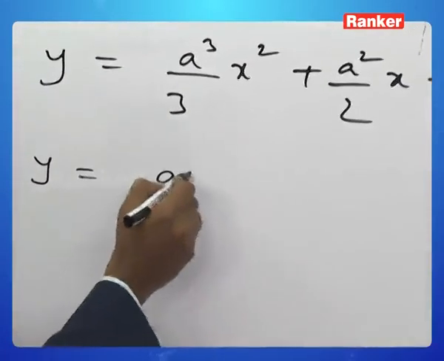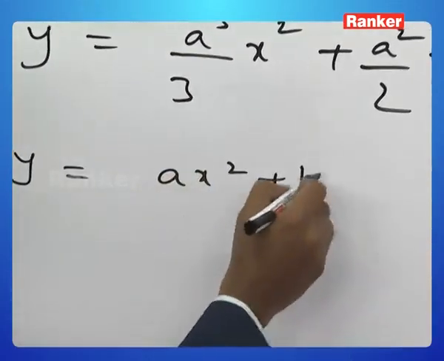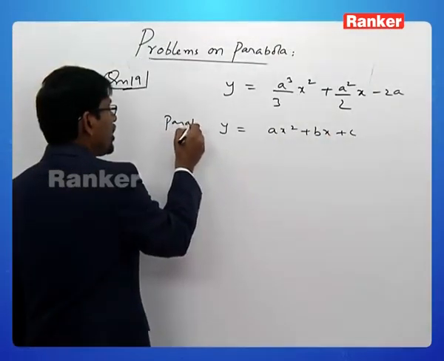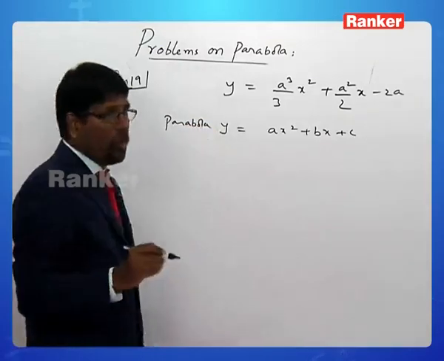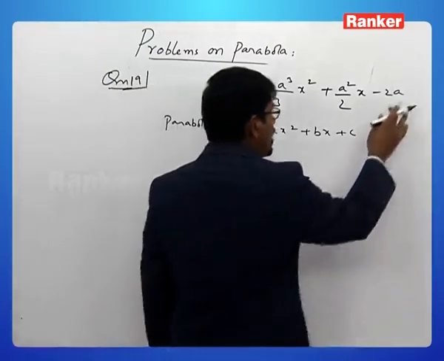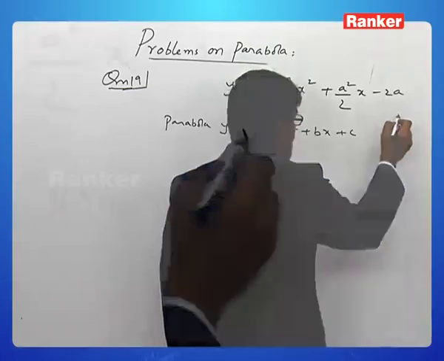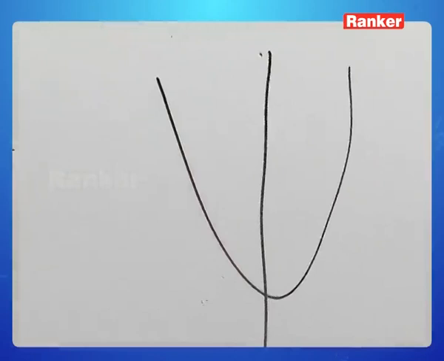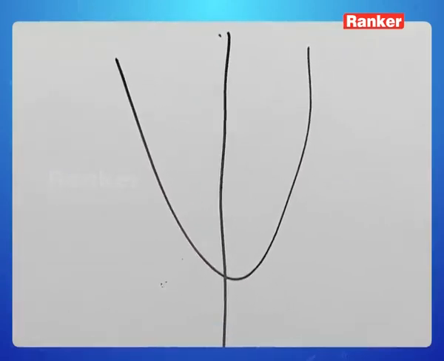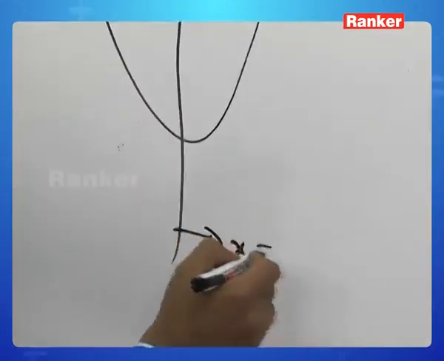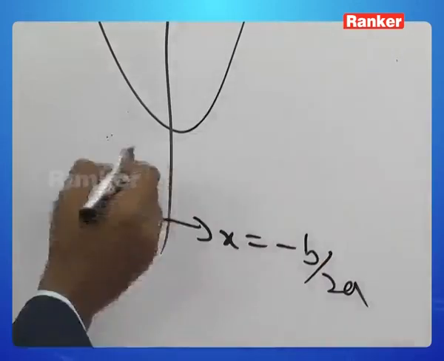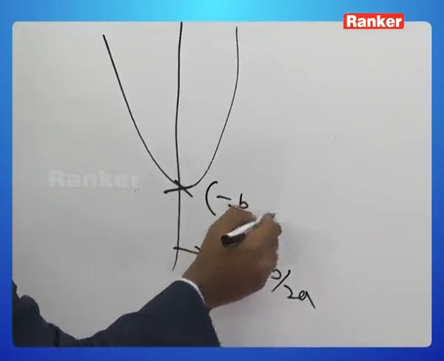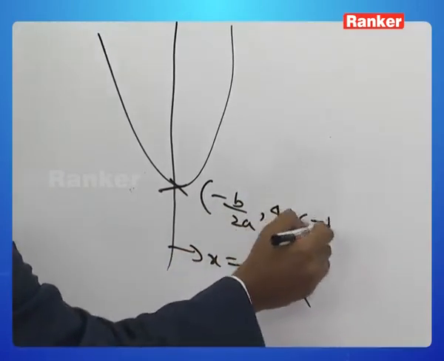Whenever you have a parabola y = ax² + bx + c, we know that its axis is parallel to the y-axis, and that is given by x = −b/2a. The vertex is given by (−b/2a, (4ac − b²)/4a).